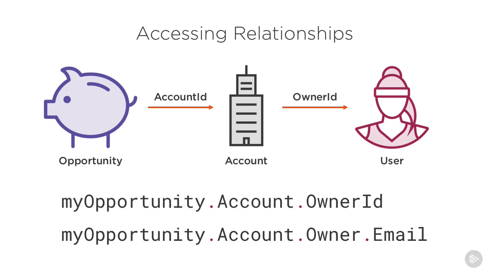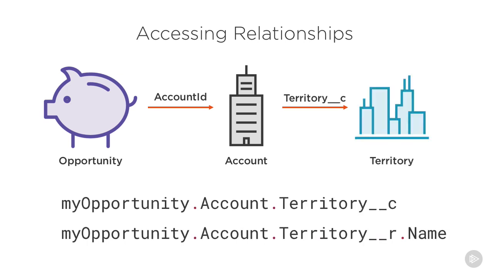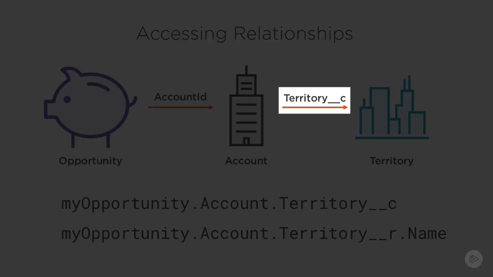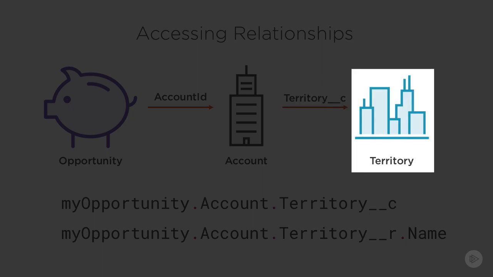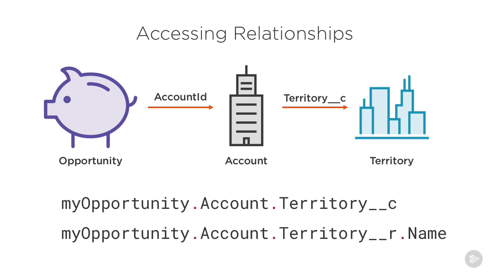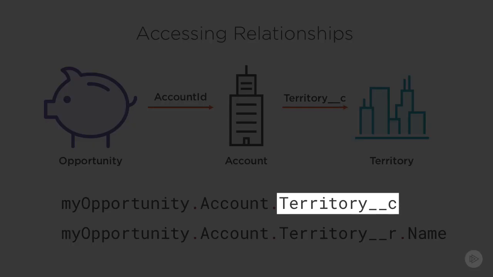Let's do another example, this time with a custom field in the mix. Say we have a custom territory field on accounts that's a lookup to a custom territory object. All custom fields end in __c. So if we want to access the account's territory ID, we use the API name of the territory field.